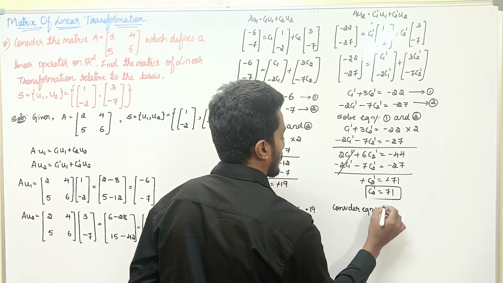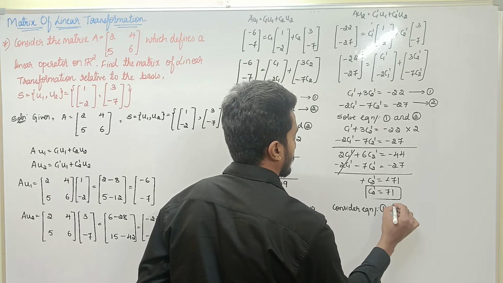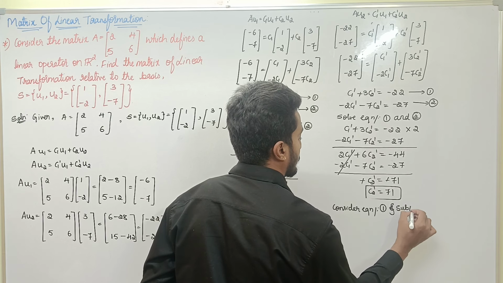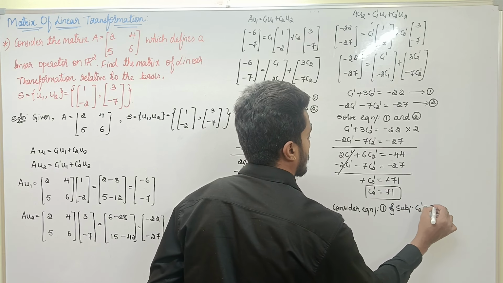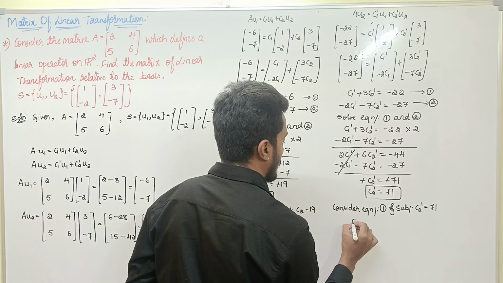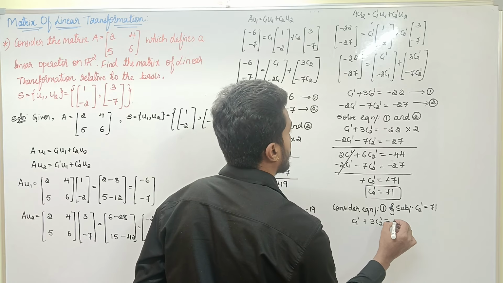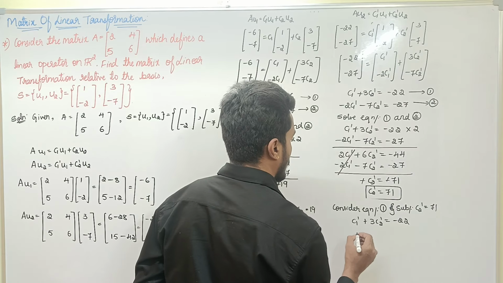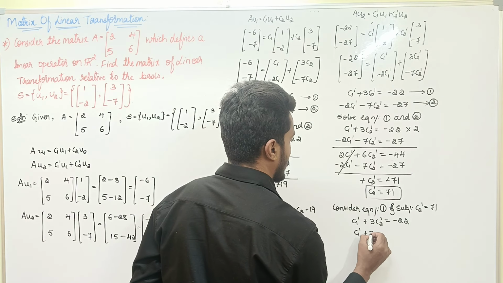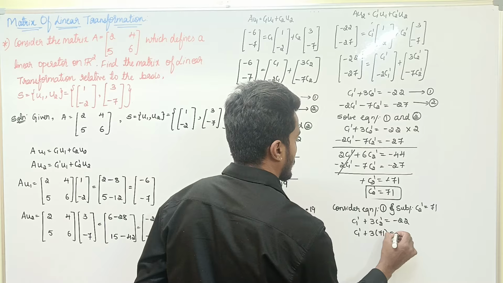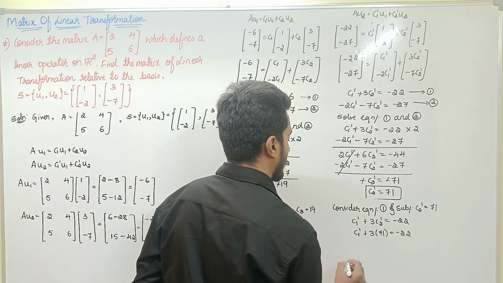Now consider equation number 1 and substitute C2 dash equal to 71. What is equation 1? C1 dash plus 3 C2 dash, which is equal to minus 22. C1 dash, what we need to find, plus 3 into 71, which is equal to minus 22.